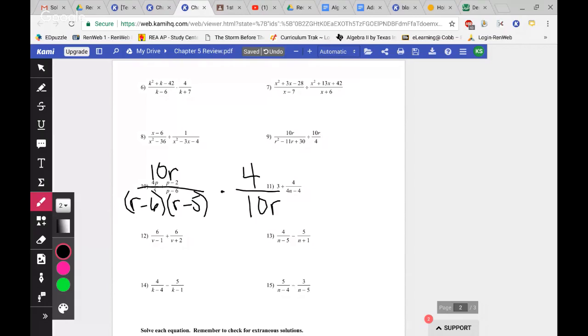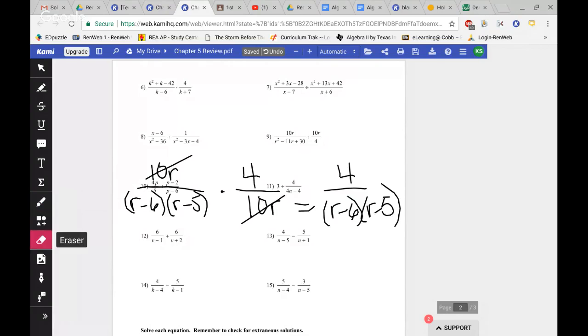Now I'm going to look for things that cancel, and you can cancel top to bottom or diagonally, but you cannot cancel horizontally. So your 10r cancels, and it leaves you with 4 over r minus 6, r minus 5. That's 9.